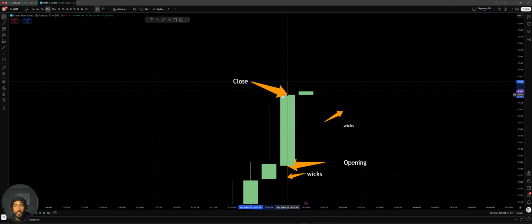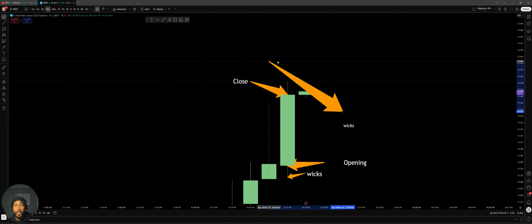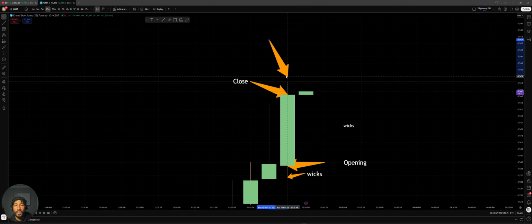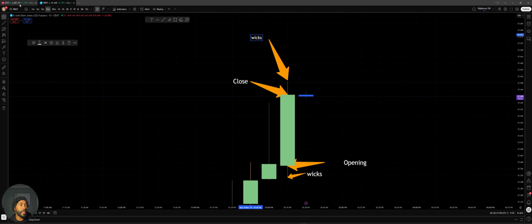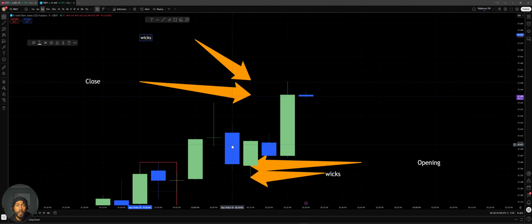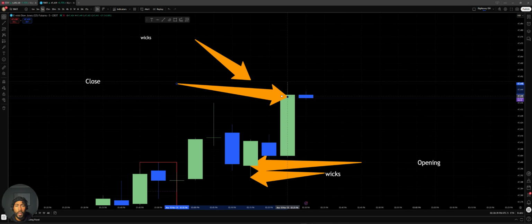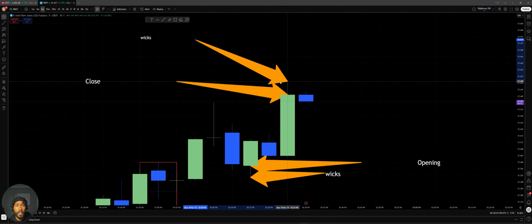Closed here. We have the top wick. Sorry, y'all. Gotta move all this stuff around for the example. So this is the close. This is the top wick.